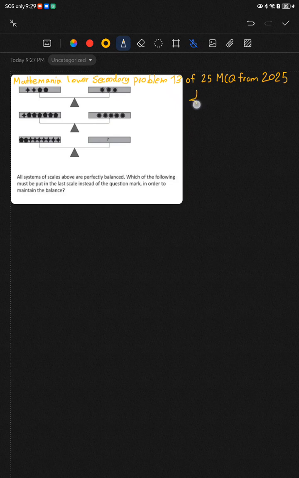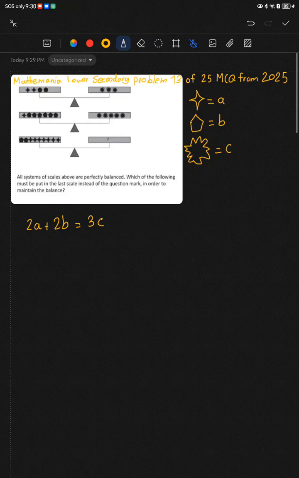I set the weight of one star to be A, the weight of one pentagon to be B, and the weight of the sea urchin dinghy to be C. From the first scale above, 2A plus 2B is 3C. And then from the second scale, A plus 6B is 5C.